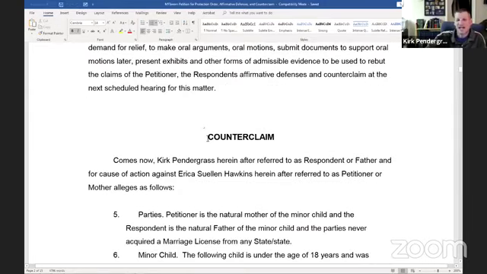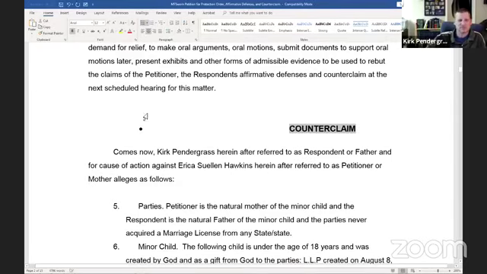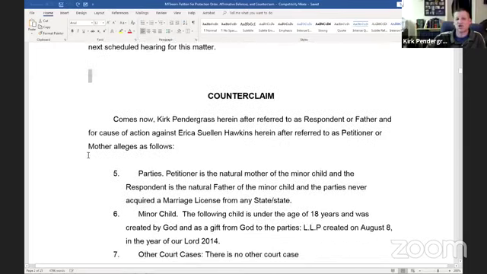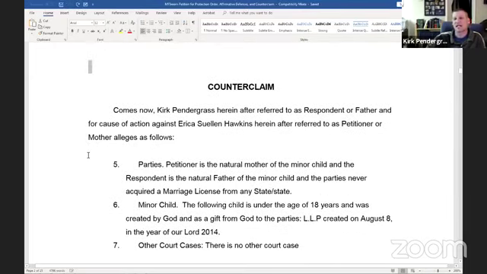Then you get into counterclaims. Okay? Let's undo that. Counterclaims is where you give rebuttal to each and every line item. Of course, you're going to say the parties, petitioner's natural mother, blah, blah, blah.